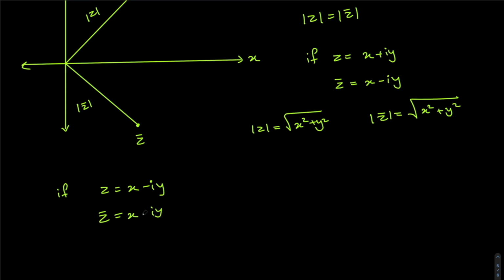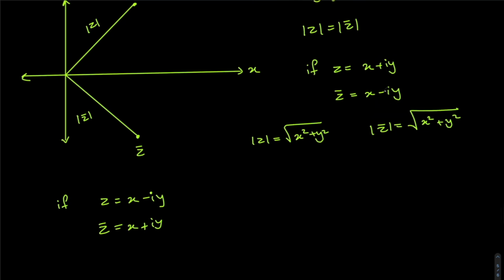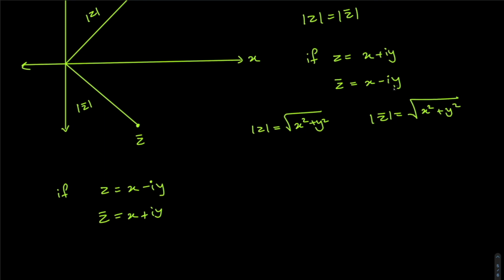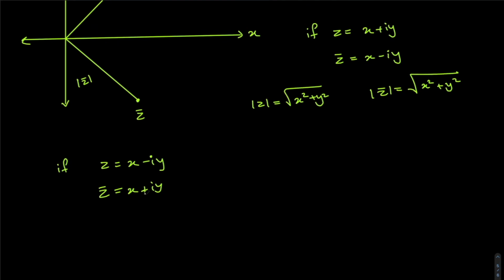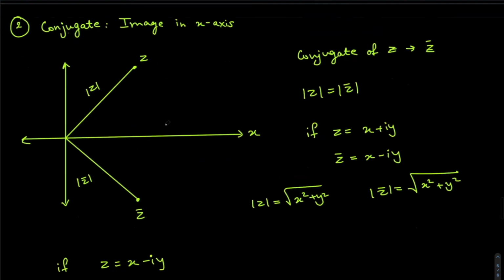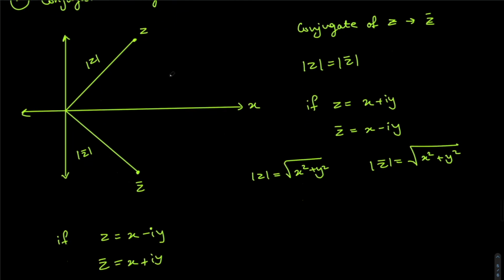It will be x plus iy. Oftentimes people get confused because there's a minus sign here. If we start with the minus sign, will we still have a minus sign, or a positive sign? Yes, the sign of the imaginary part changes every time in the conjugate. Think about it: we're talking about the image in the x-axis. So if this is our z, right?